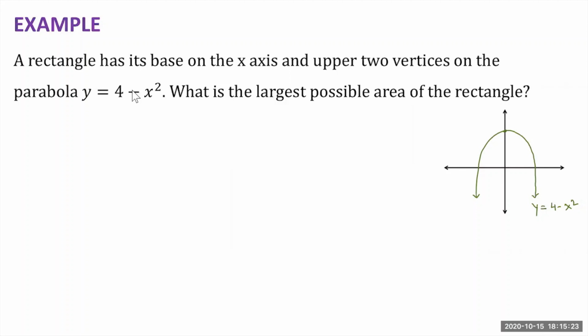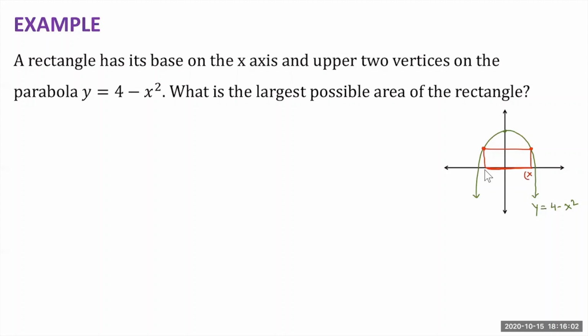Now, let's draw the rectangle. The rectangle has its base on the x-axis and two upper vertices, that is this one and this one, on the parabola y equals 4 minus x squared. Now, if we consider this point here as x, at a distance of x from the origin, then by symmetry, this point is negative x.